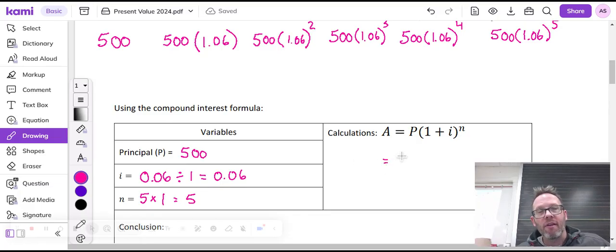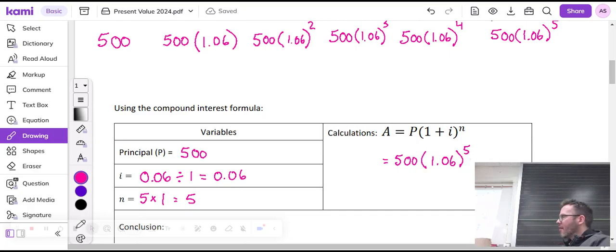And then you can see using the formula, we get the same calculation that our timeline showed us, 500 times 1.06 to the power of 5. Nothing about what we've done here is new. We're just reframing the problem with a little visual. Whatever this is, 500 times 1.06 to the power of 5, $669.11.